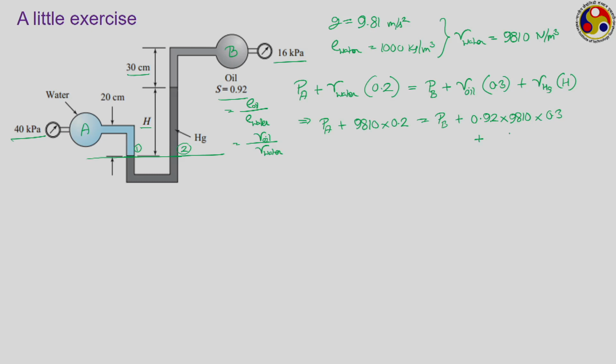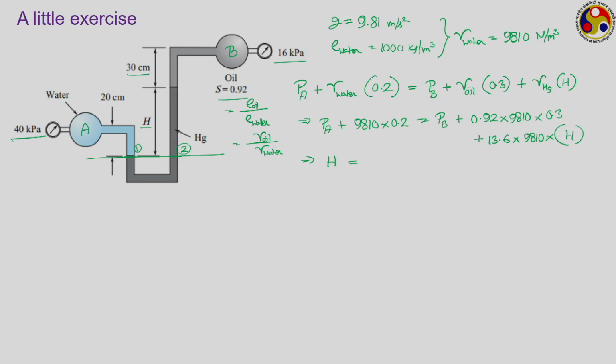Then how much is the density for mercury? The specific gravity is given as 13.6, so it is 13.6 into 9810 into H, something which you are looking to identify. So, you can take H on one side to do the rest part of the calculation.